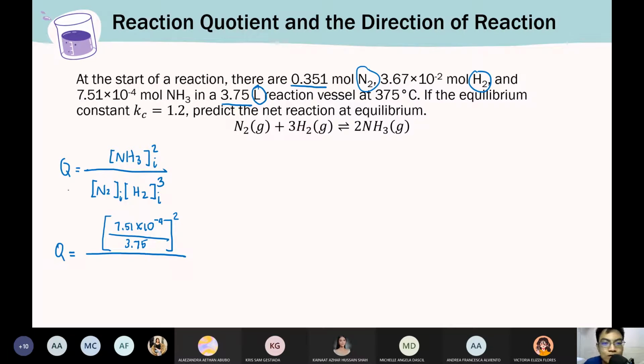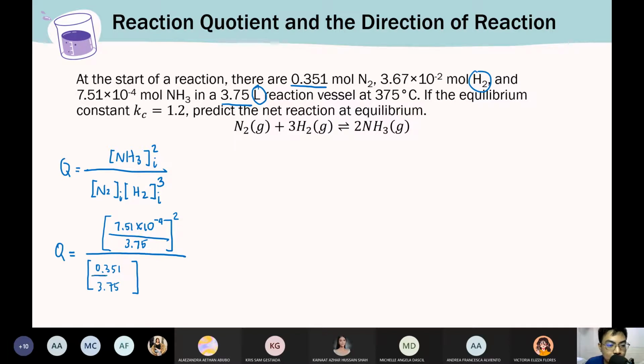And then that is followed by N2, the amount of nitrogen gas. So to solve for the concentration of N2, just simply divide 0.351 by 3.75.